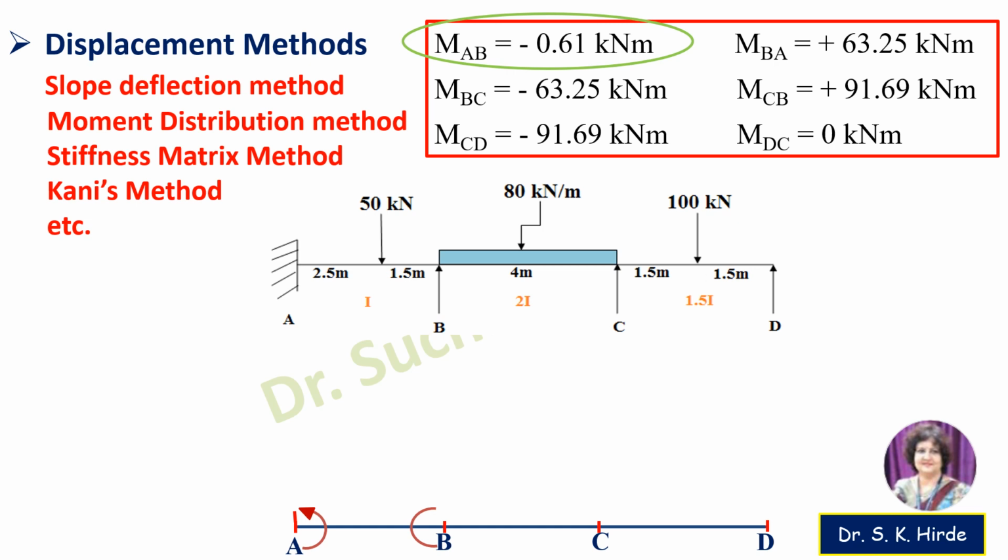Similarly, at B, the moment is MBA. Now, this moment is positive. So, if the moment is positive, to this curved line at B, you have to draw the arrow in such a way that it will rotate in clockwise direction, like this.